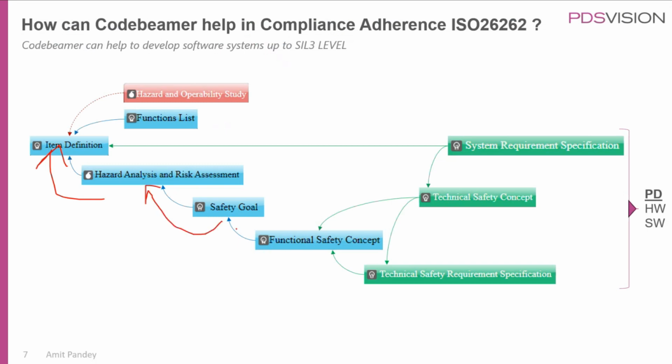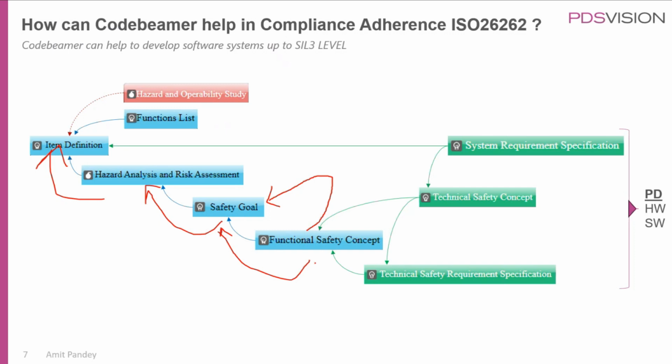Now, from safety goals, we will derive the functional safety concepts. What is this? Functional safety concept is basically all about the functional safety requirements. It describes the measures that are to be implemented on the functional level to prevent the violation of the safety goals. That means it's all the requirements needed to fulfill the goals we have decided.